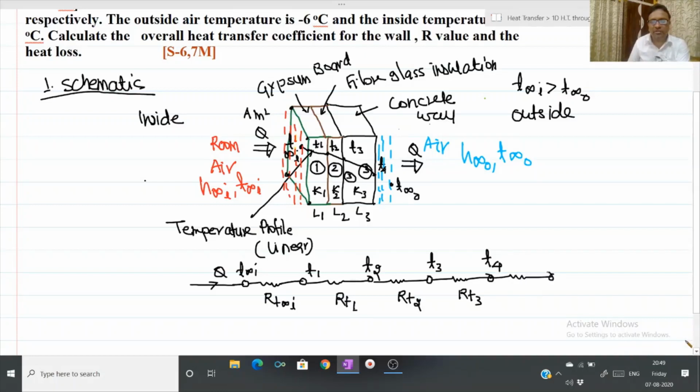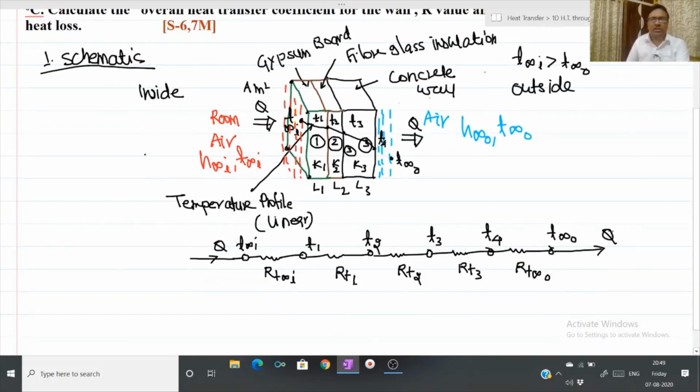And final thermal resistance will be offered by cold air film, and it will be convective thermal resistance represented by RT infinity O. And finally heat will come out from the wall. So this is equivalent thermal resistance, equivalent electrical circuit. So see, there are three solid material layers and two fluid layers. So there will be total 5 thermal resistances in the path of the heat flow.